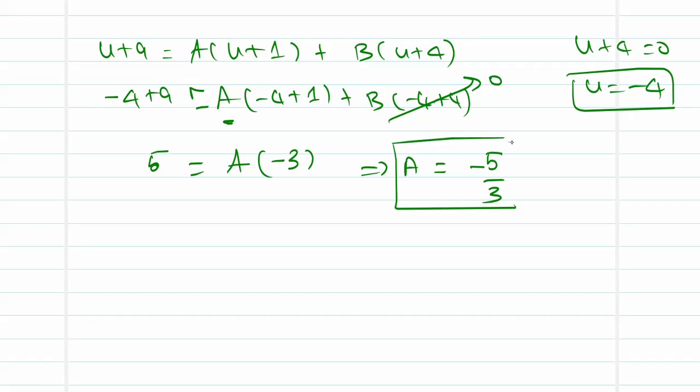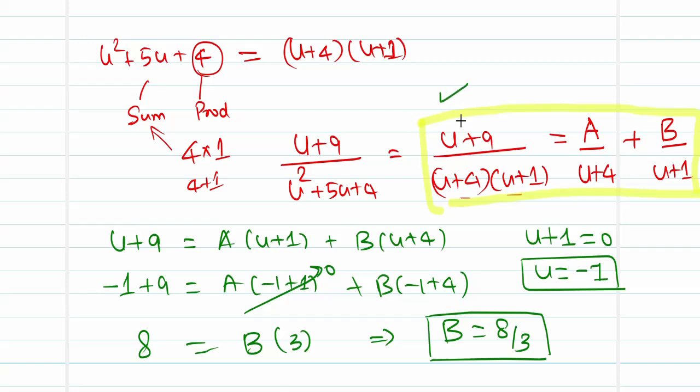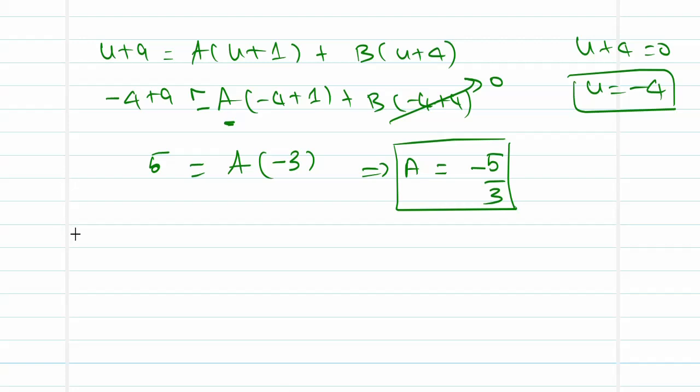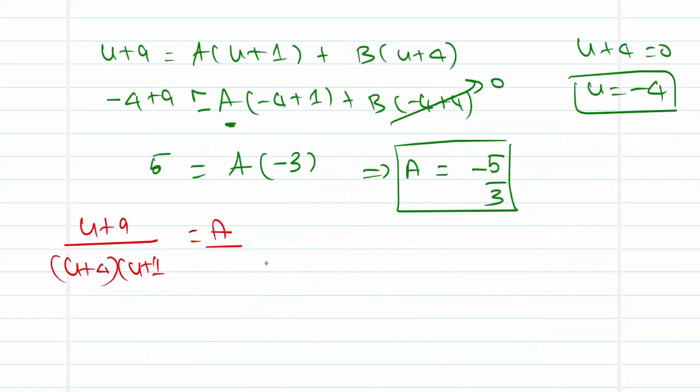So now I have my values of a and b. Let me put them back into the original quantity where I have split it into partial fractions. So I have (u plus 9) divided by (u plus 4)(u plus 1), which was rewritten as a divided by (u plus 4) plus b divided by (u plus 1).